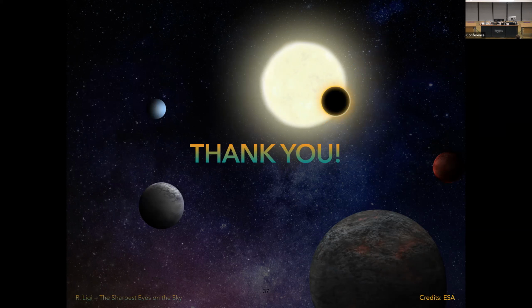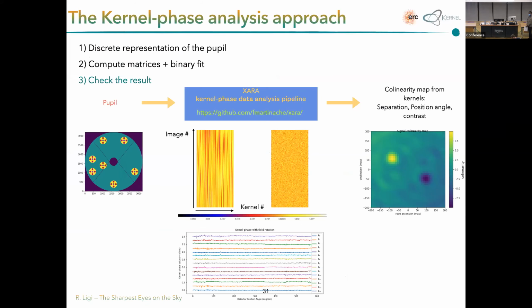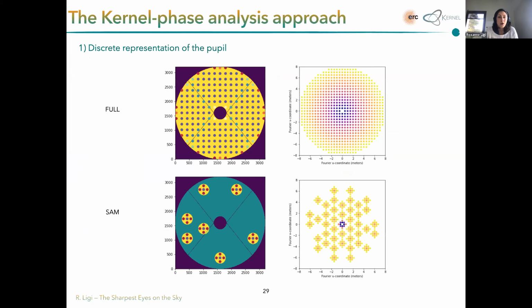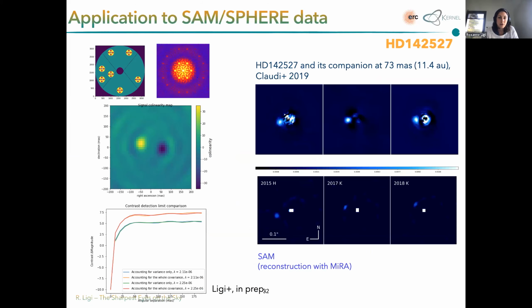Hi, Roxanne. I have a question about the kernel technique with SAM. Do you have an idea about the contrast limit of the technique? So it depends. In this case, for example, the companion was quite bright, but that's normal because we wanted to validate the pipeline, so we needed something bright.